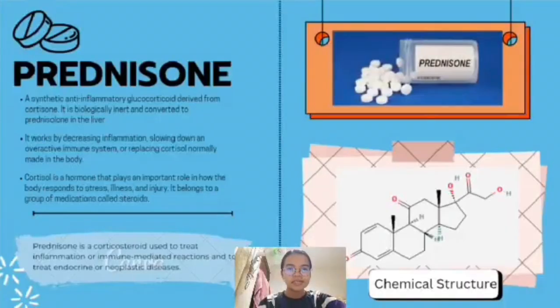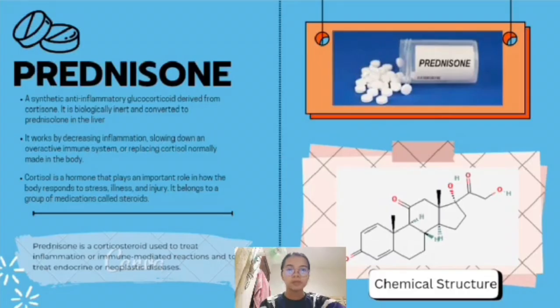Prednisone. It is a synthetic anti-inflammatory glucocorticoid derived from cortisone. It is biologically inert and converted to prednisolone in the liver. It works by decreasing inflammation, slowing down an overactive immune system, or replacing cortisol normally made in the body.